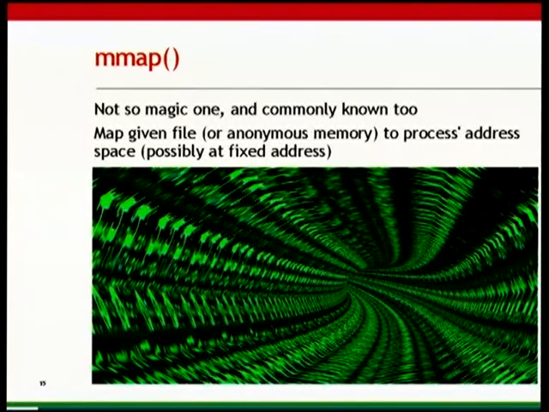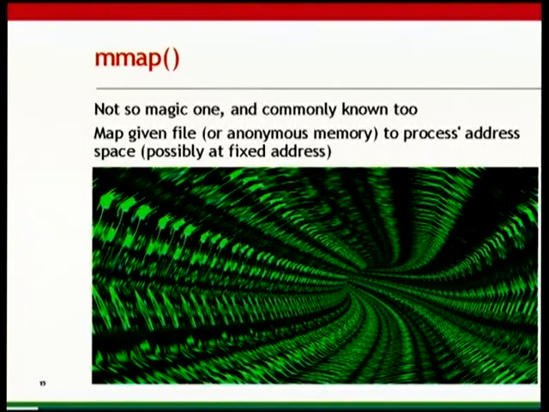It can be so-called anonymous memory, that is, well, just memory. Or it can be mapped memory, and then it will be memory which actually corresponds to the contents of some file. So if you map a file to the memory, then by accessing memory, you are actually reading data from the file.